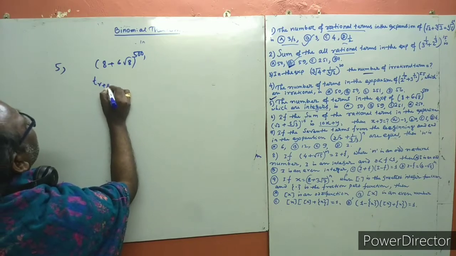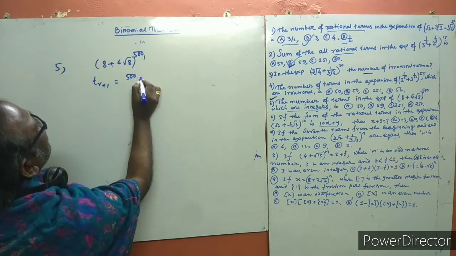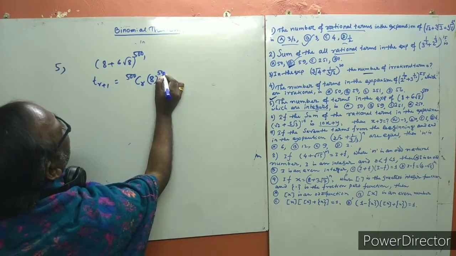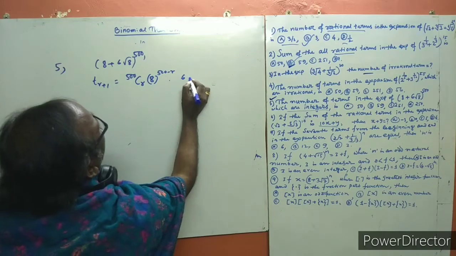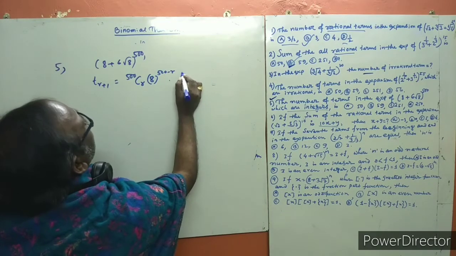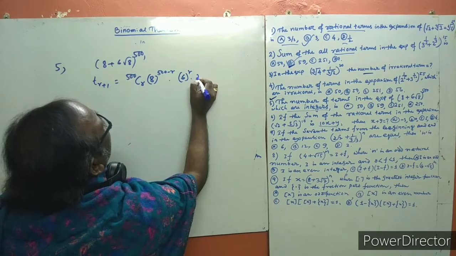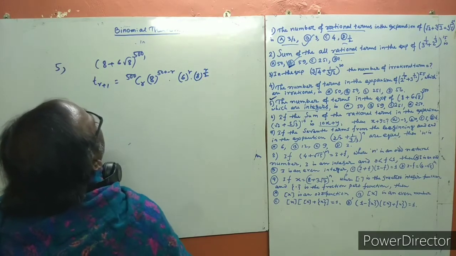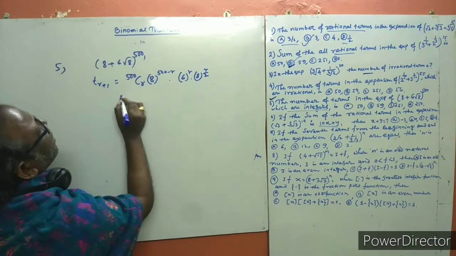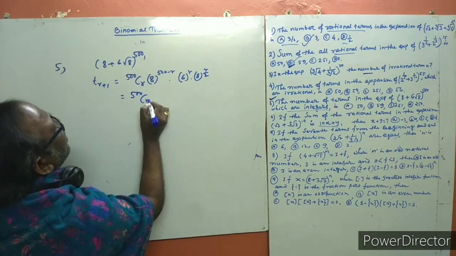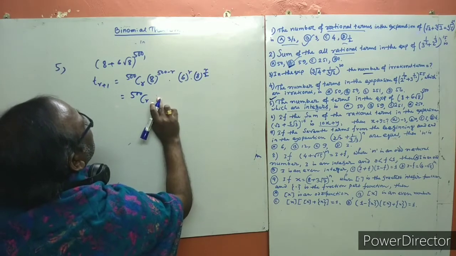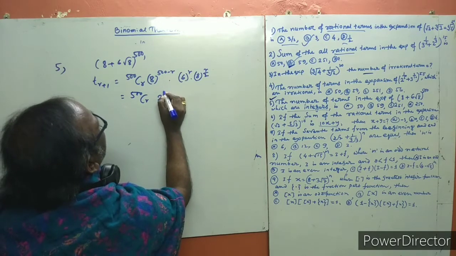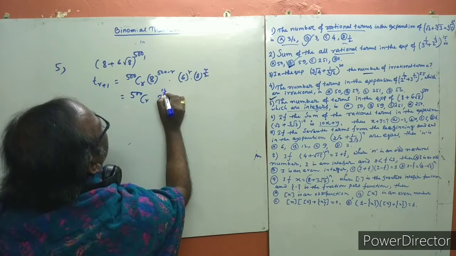We find the general term: 500Cr, 8 to the power (500 minus r), 6 to the power r, and 8 to the power r/2. Here 8 is 2 to the power 3.